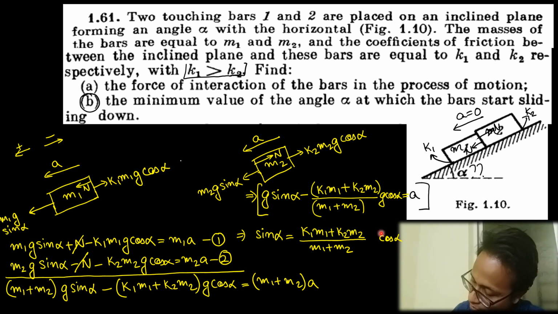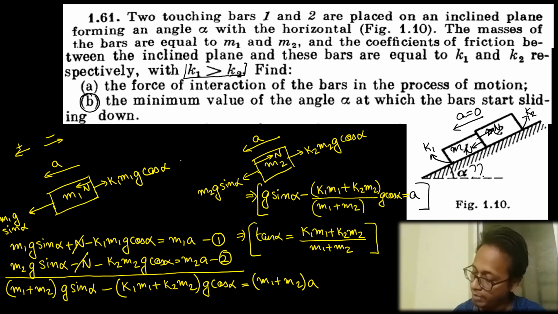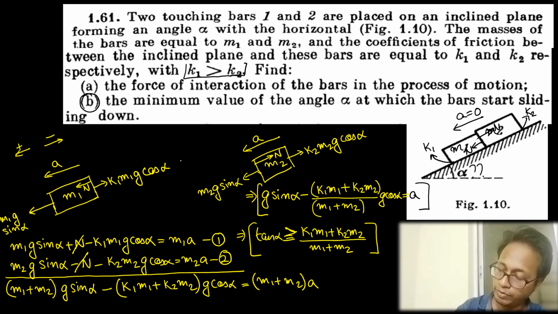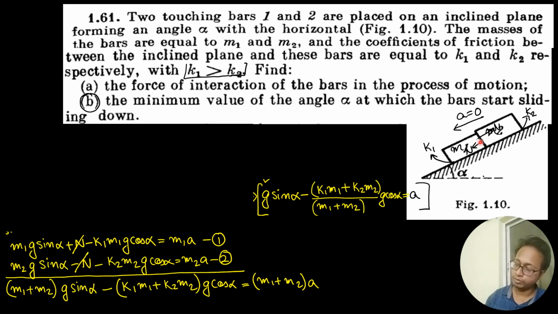If I send this cos alpha to the left hand side, sin alpha by cos alpha is nothing but tan alpha. So tan alpha should be equal to k1 m1 plus k2 m2 divided by m1 plus m2. So tan alpha should be greater than k1 m1 plus k2 m2 by m1 plus m2. Now we'll solve the first part of the question, which basically says find the value of the normal reaction force.